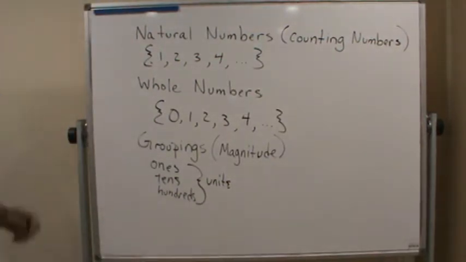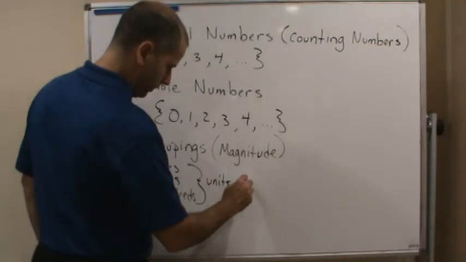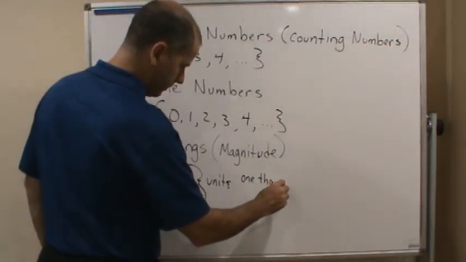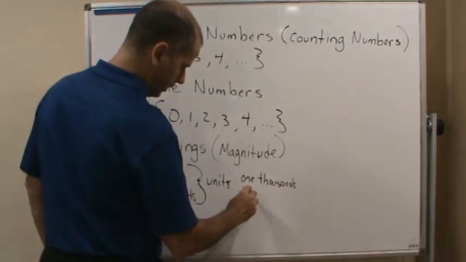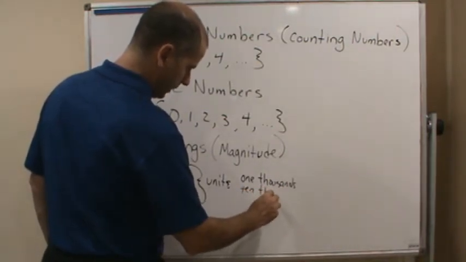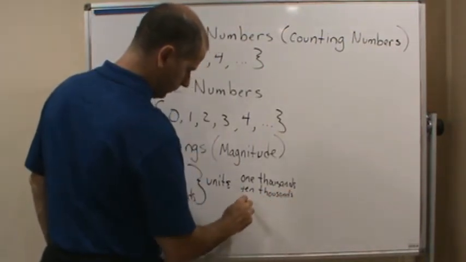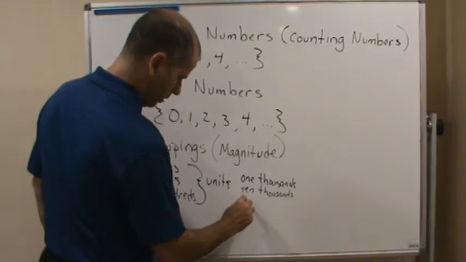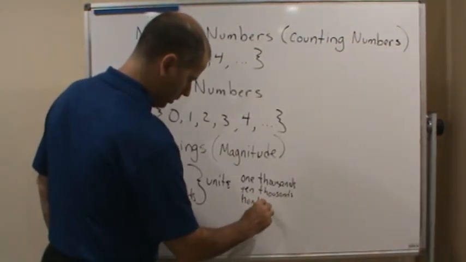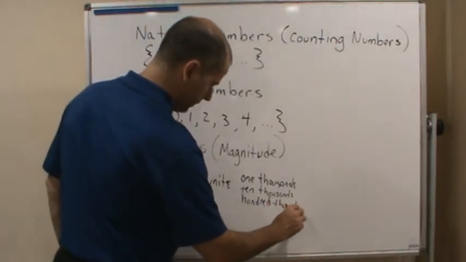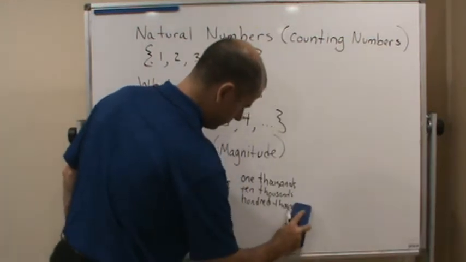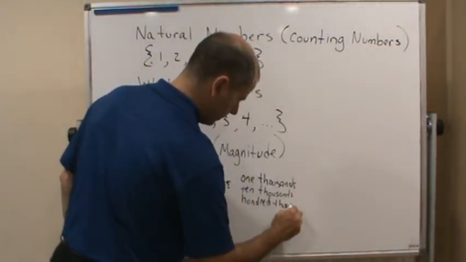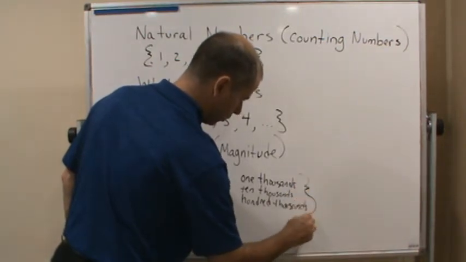And then the next 3 place values, which are the 1000s, ten thousands, hundred thousands, are grouped together as the thousands.